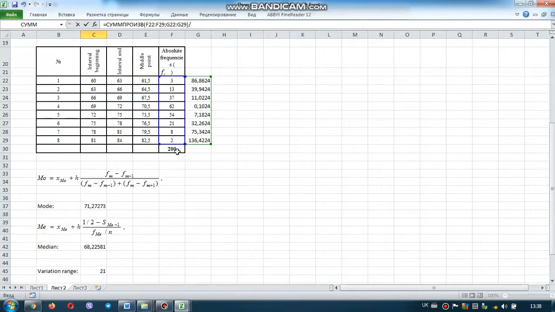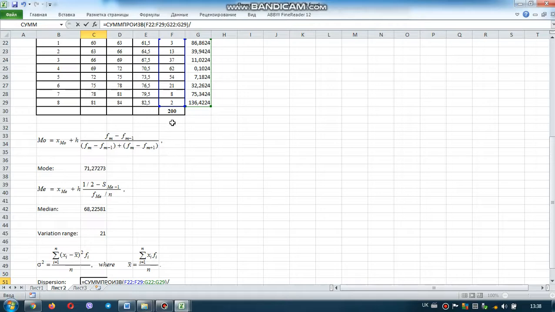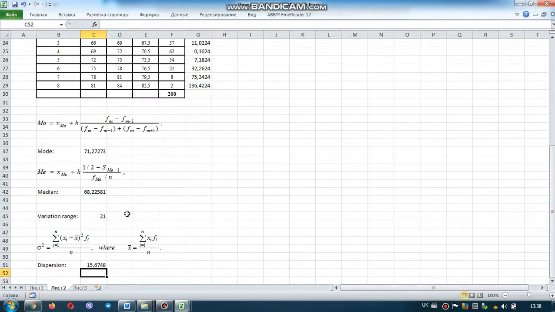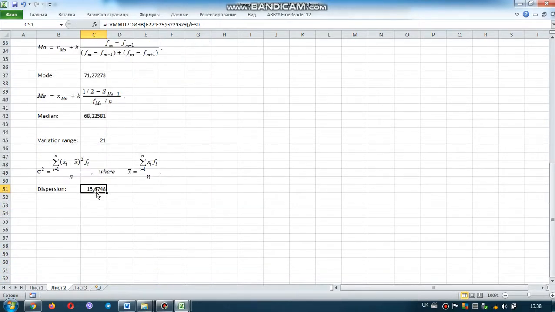Divided by n. N is 200. Now we have already calculated the dispersion values.